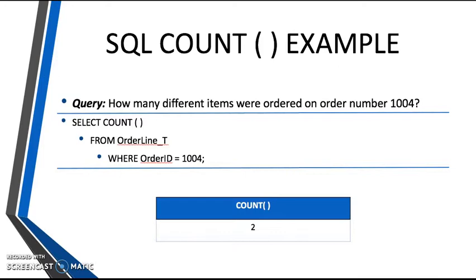Next we have SQL count, with a query asking how many different items were ordered on order number 1004. The code executed is select count(*) from order line _t where order ID equals 1004. The output displays 2 different items that were ordered, from right here.